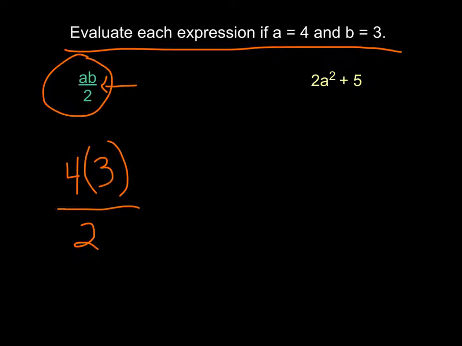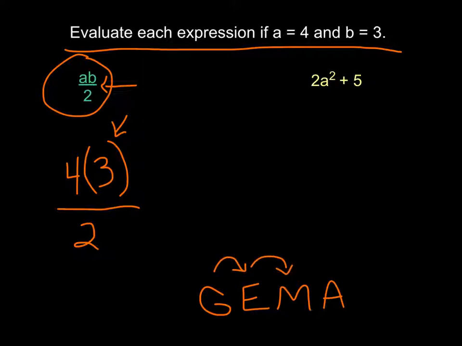So now I know, remember my order of operations, goats eat mushy apples. I'm going to do my grouping signs first. In this case there is a grouping sign, but it's not a problem there. I just did that to show that it's multiplying. There's no exponents, so I'm not going to do that. So now I go to my multiplying and division, and I go left to right.